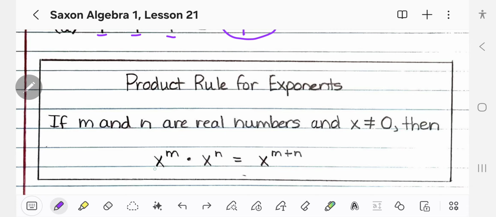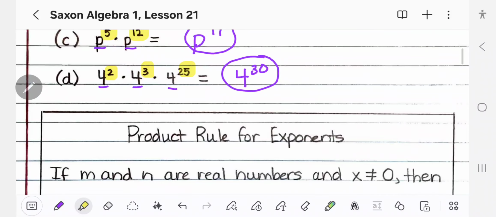So all that means is when you have a base multiplied by something else with the same base, as long as they're being multiplied and they're the same bases, your shortcut would be just to add those exponents to simplify it.